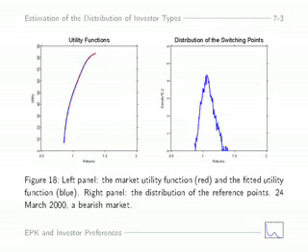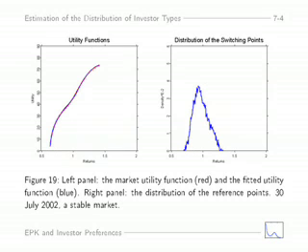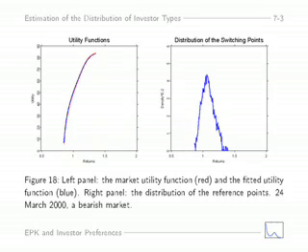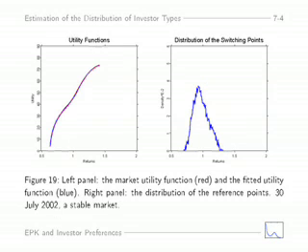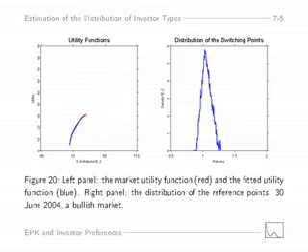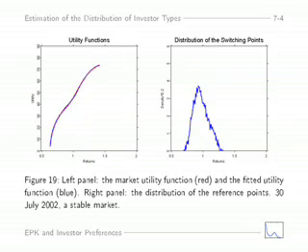One feature is that, comparing to this picture, the distribution is shifted to the right from the unit returns. This is the bearish market, and this is the stable market.